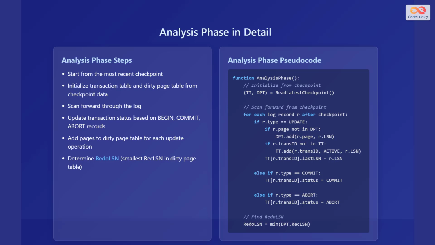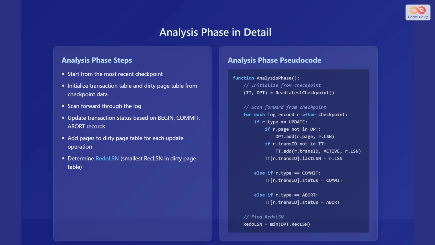And if the record transaction ID is not in TT, then the record transaction ID is added to TT, with a status of active and the record LSN. In either case, the transaction table's last LSN is set to the record's LSN.